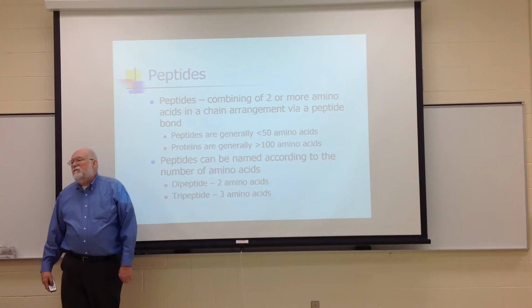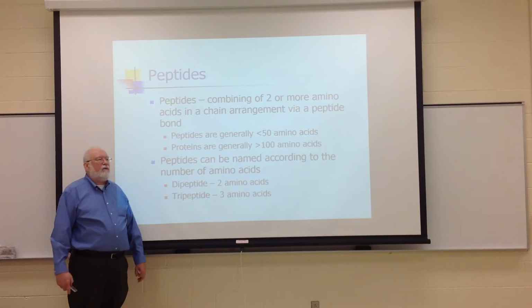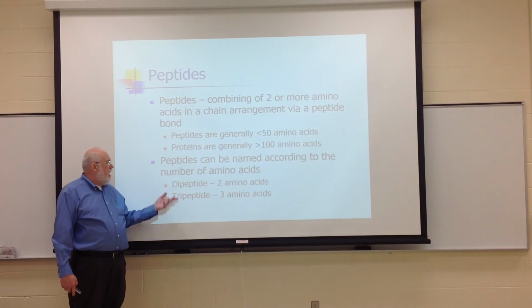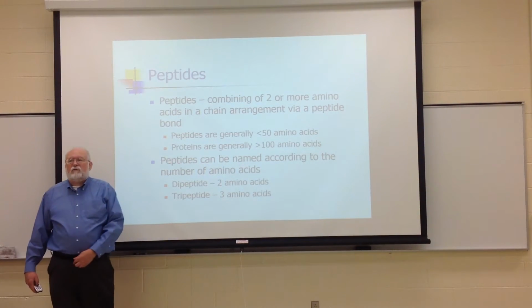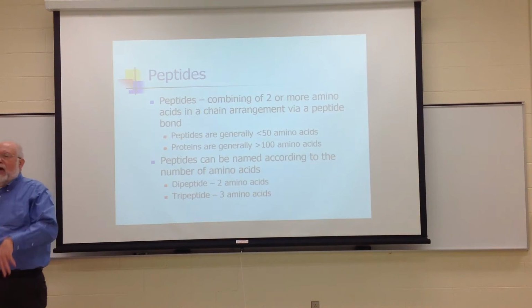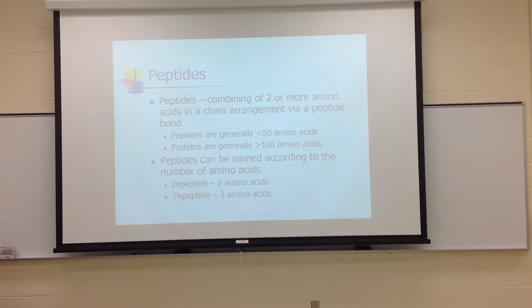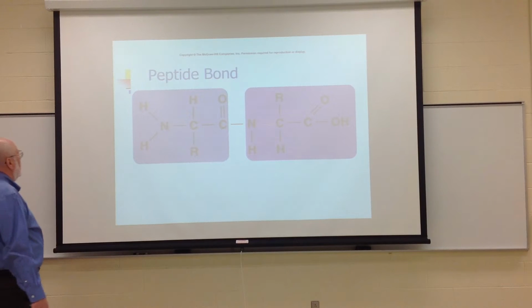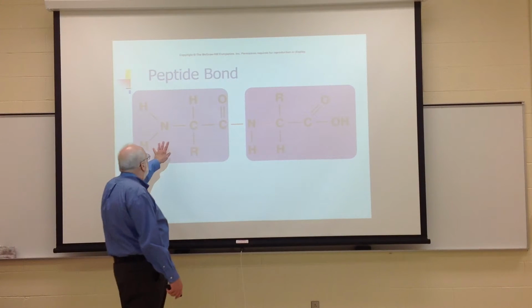It's just 2 amino acids joined together by a peptide bond. If you throw on a third one, it's a tripeptide, and so on. I wouldn't get too concerned about all that, no big deal.